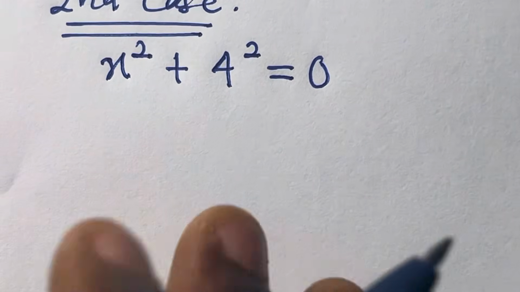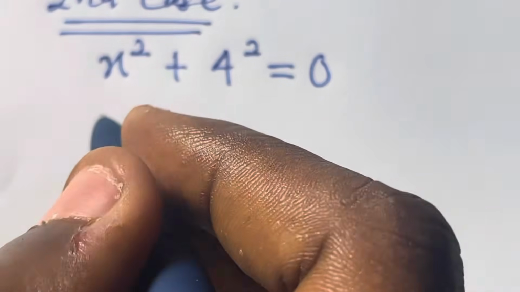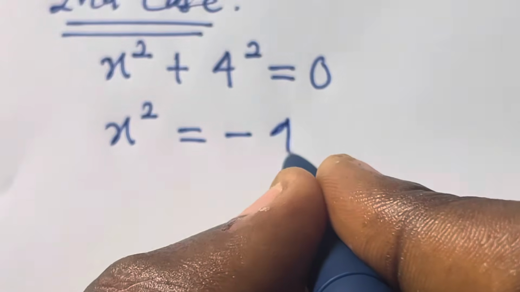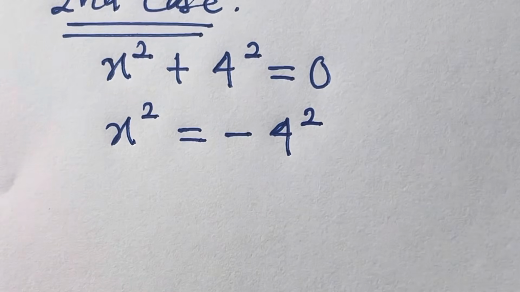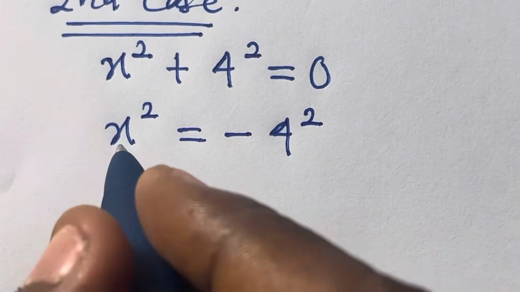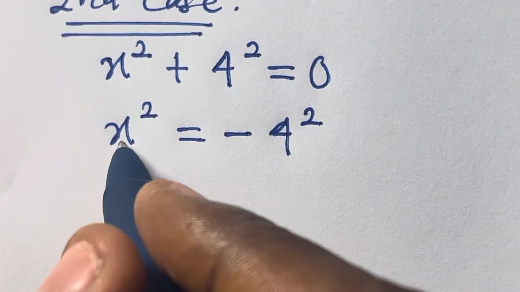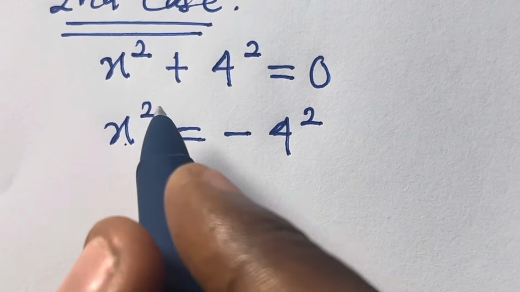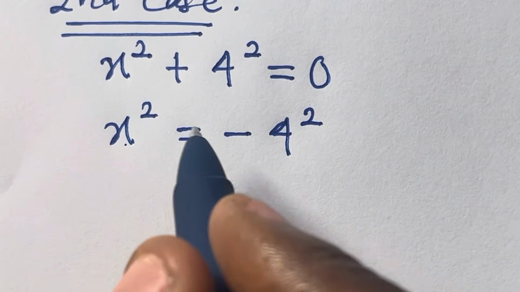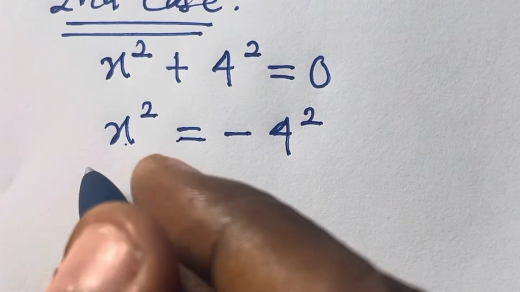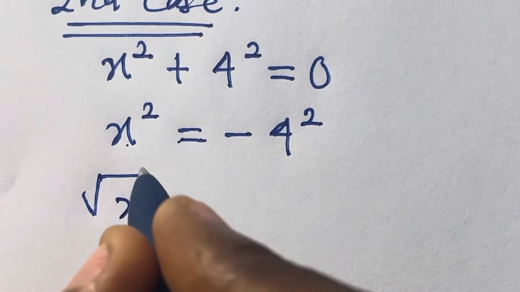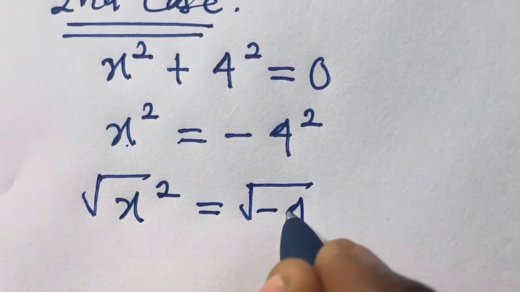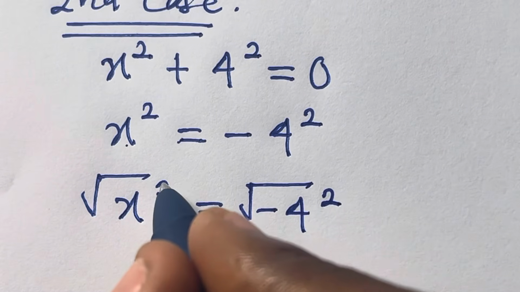All right, so what we are going to do is transfer this to the other side. So we have x squared equals minus 4 squared. From here, to cancel this square, we are going to use the square root. Remember I said to cancel a square root we use a square, but to cancel a square we use a square root. So now let's take the square root because we want to cancel this square, so x equals the square root of minus 4 squared.